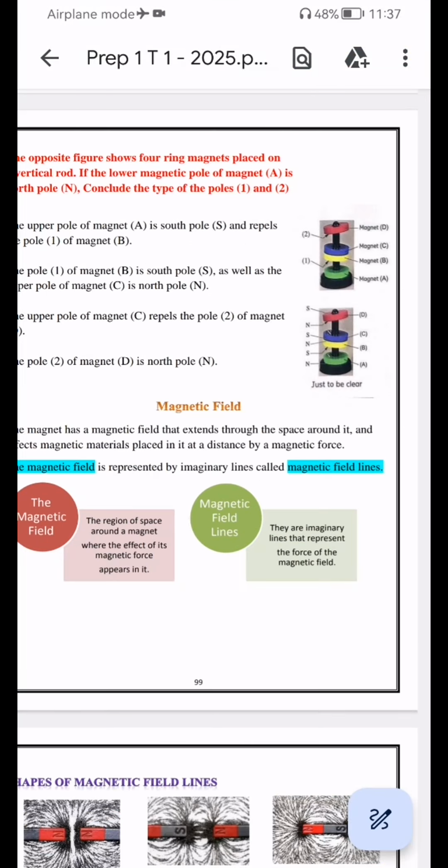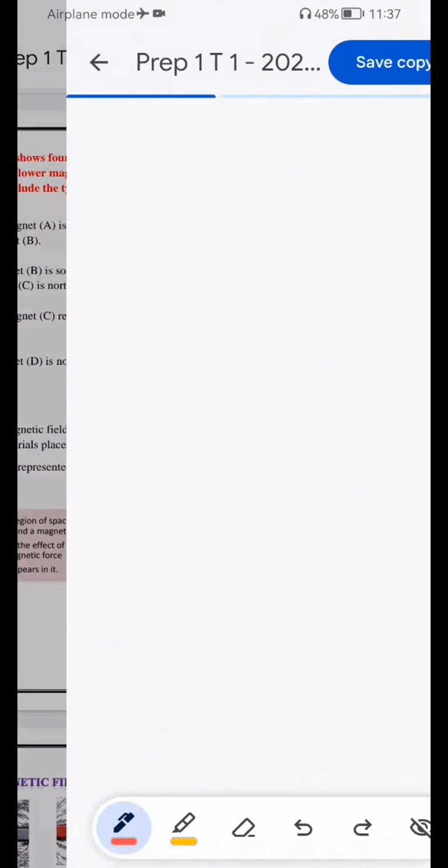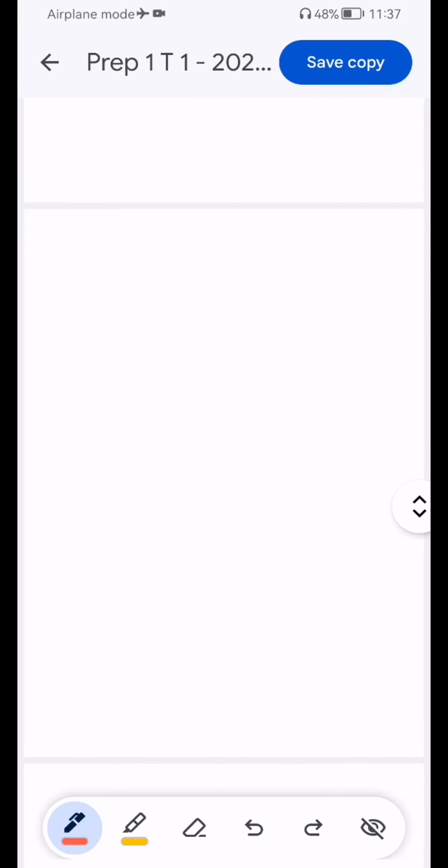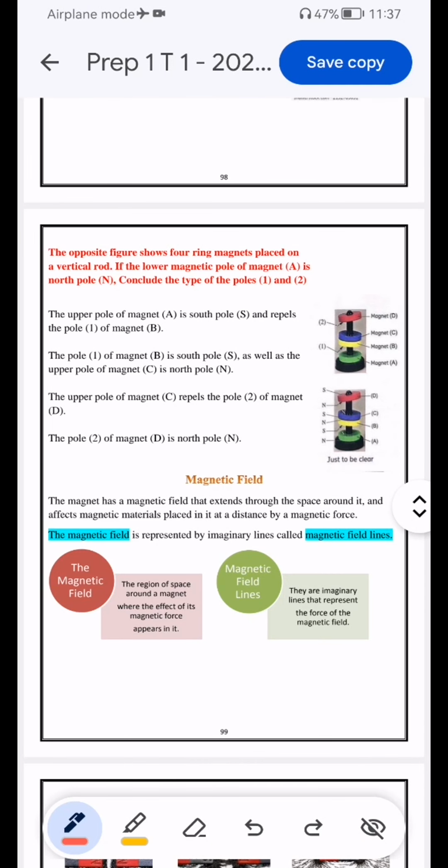Okay? We'll talk about the magnetic field. Around any magnet, there is a region of space in which the effect of the magnet appears, in which it will attract any magnetic material. The area around the magnet is called what? It is called the magnetic field.